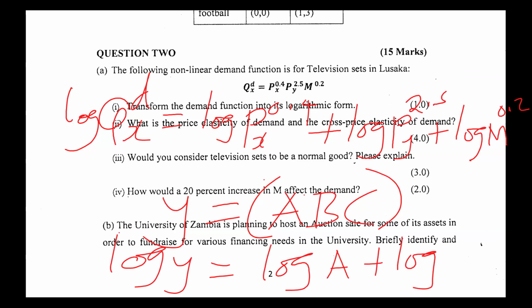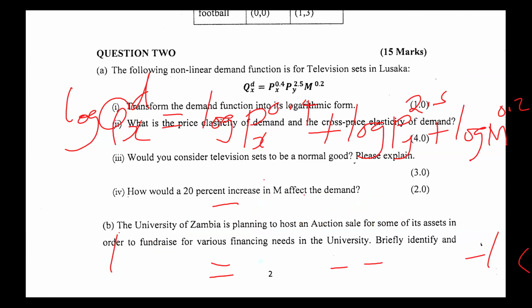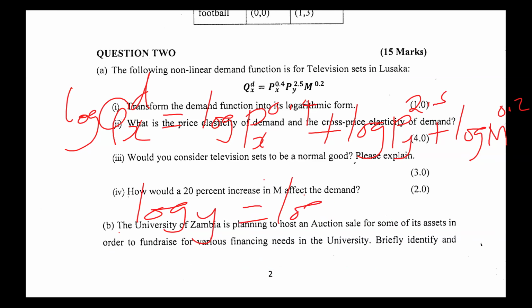There is this rule of the logarithmic function. Sometimes you can be given a logarithmic function like this one, already logged both sides. We have log y equal to log a plus log b plus log c.